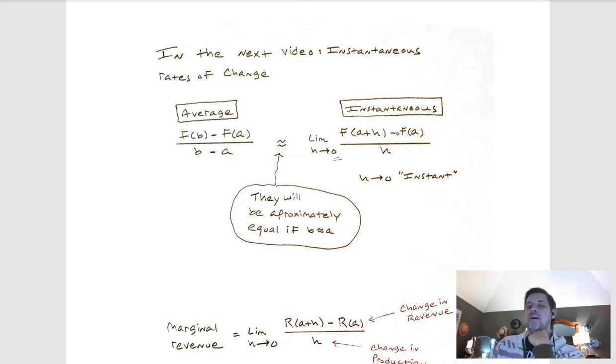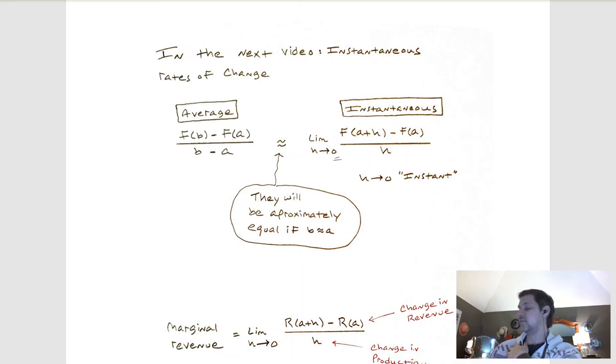All right. Now I've told you, if you ignore the limit, these formulas are no different. F of B minus F of A over B minus A is no different than this, F of A plus H minus F of A over H. They look different, but they're not different, all right? Okay, now what the limit will do is push these, the B and A together, you might think.